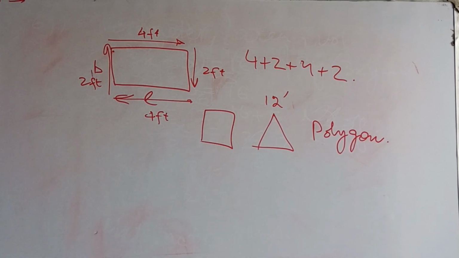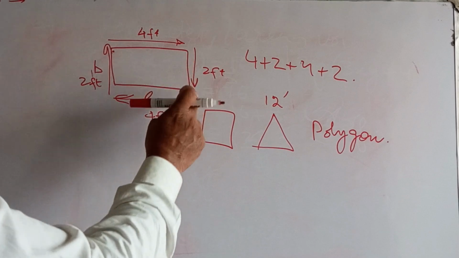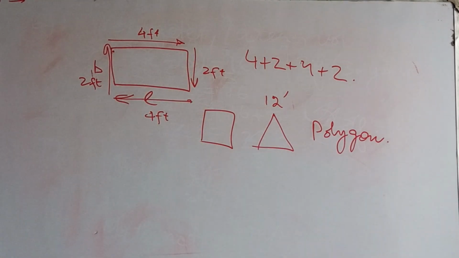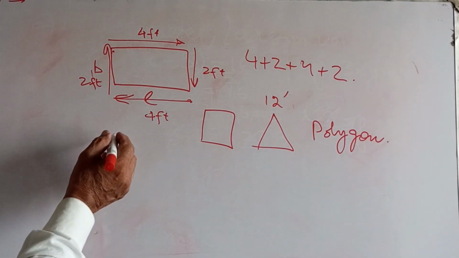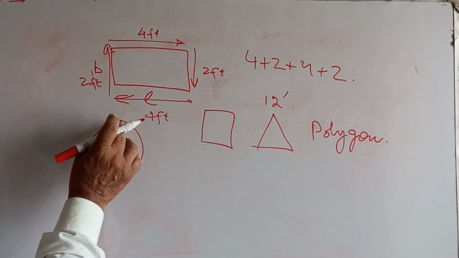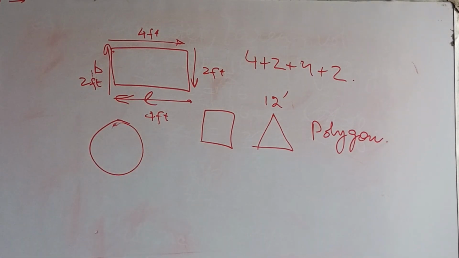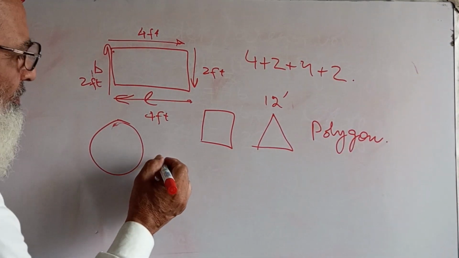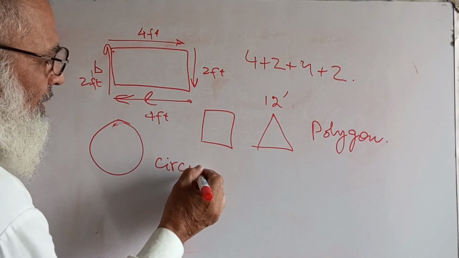So any polygon can be taken with the perimeter. But the perimeter of the circle is not called perimeter. It is called circumference.